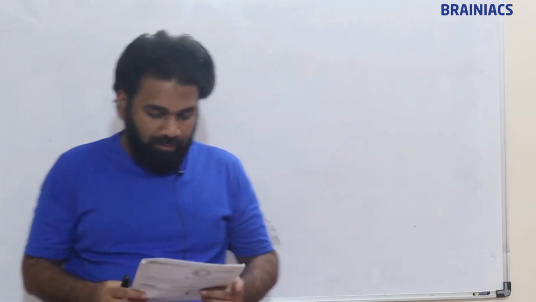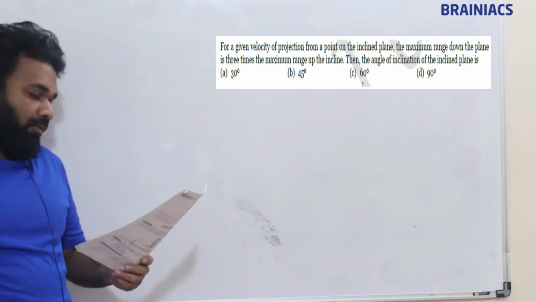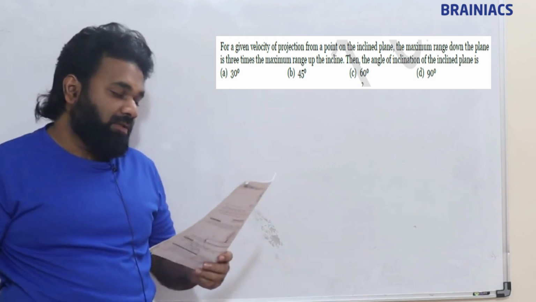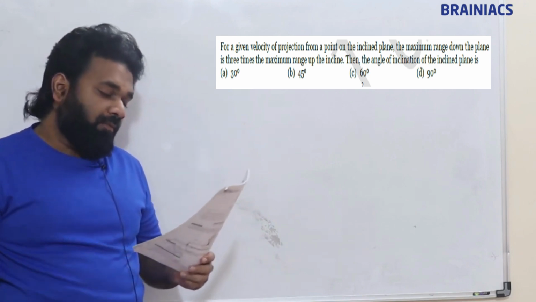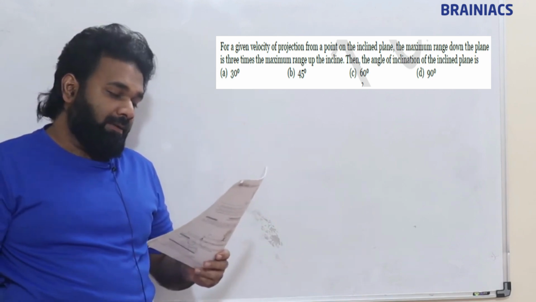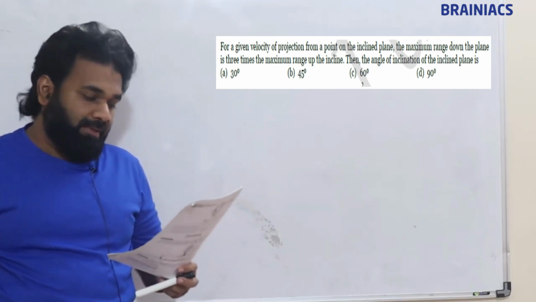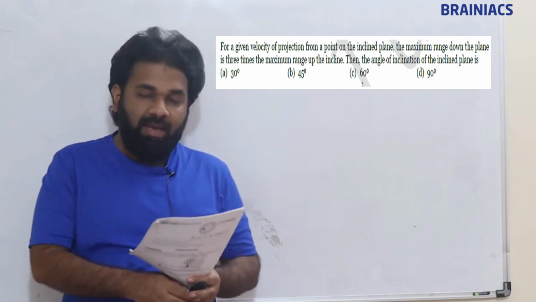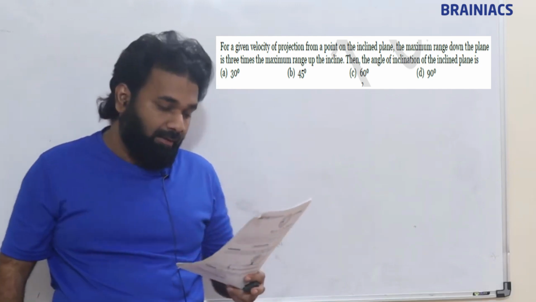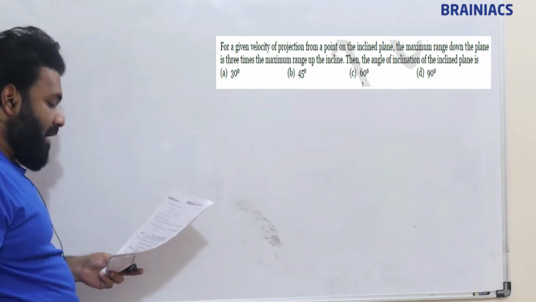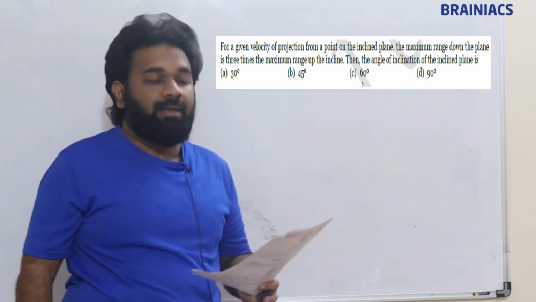So one question is, for a given velocity of projection from a point on an inclined plane, the maximum range down the plane is 3 times the maximum range up the incline. So what is the angle of inclination of the inclined plane?